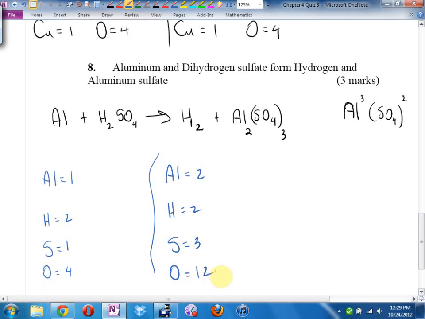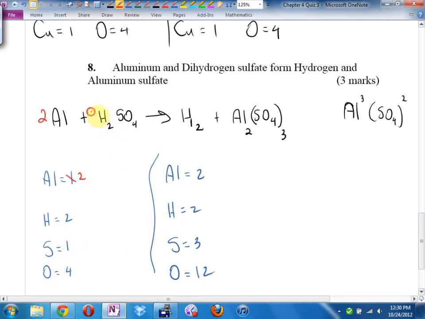All right. Well, the first thing that I might try, well, what might I try? Balancing the aluminum. So you're saying, hey, Mr. Dewick, put a 2 right there. Are we done? Nope. Now what? I might try balancing the S's, the sulfurs. I got 1, I got 3.